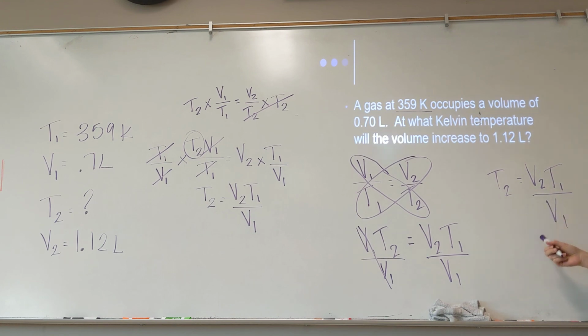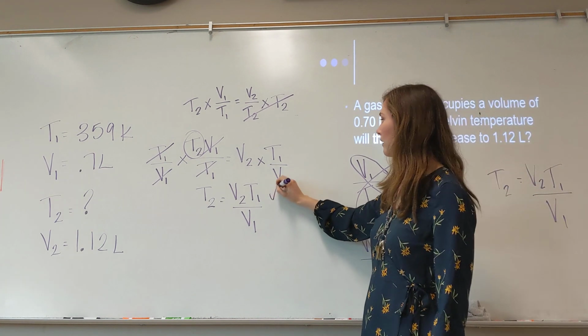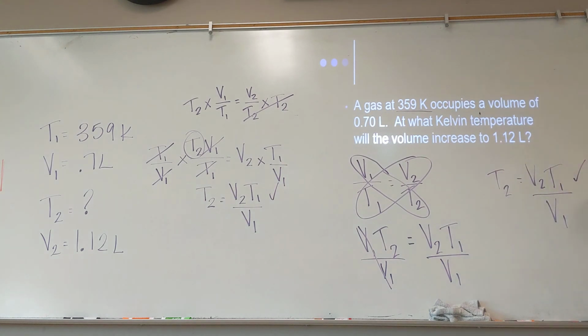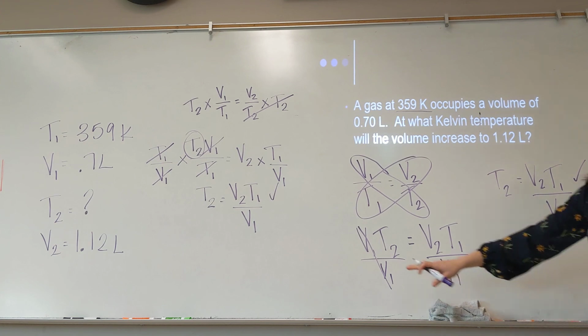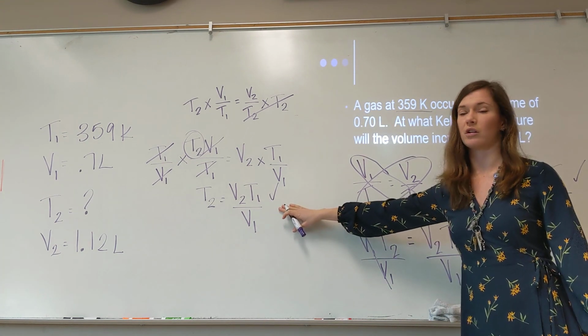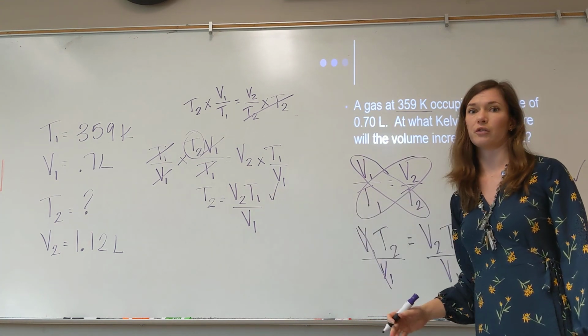So notice that no matter which way I choose to solve, using my variables or rearranging my equation, I still get the right equation. So now I can use my newly rearranged equation to solve for T2.